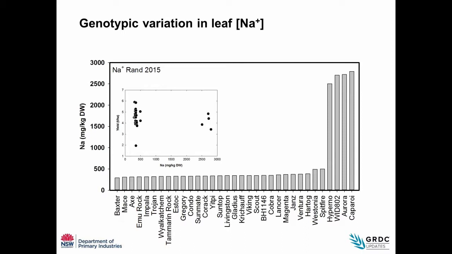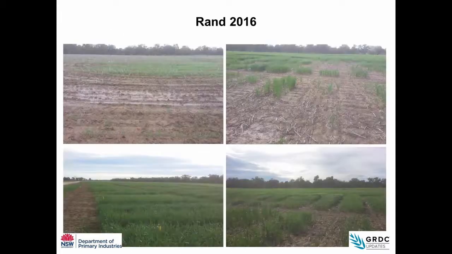In 2016, we had a very similar observation. It was an interesting year because we experienced severe waterlogging in New South Wales, like anywhere else in Australia, I think. And because waterlogging was one of the stresses that we were really interested in, it was a good opportunity to screen these varieties again in 2016.